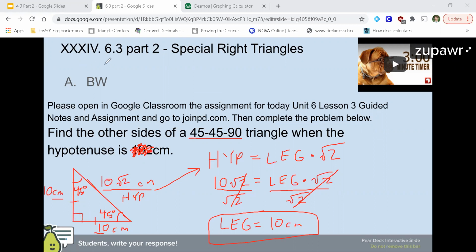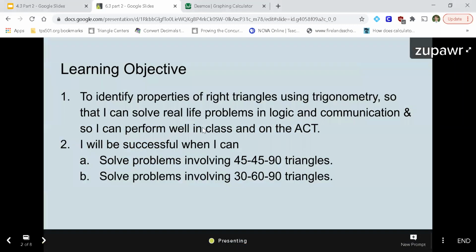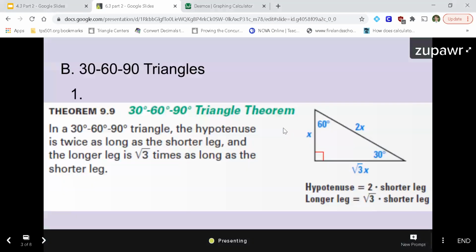Okay, well then today we're going to talk about the other special right triangle, and that is the 30, 60, 90 triangle. So for a 30, 60, 90 triangle, it's a little bit harder, but not that much.